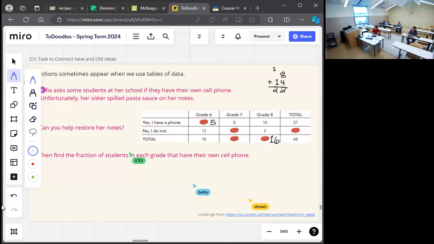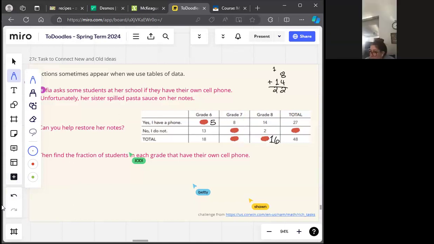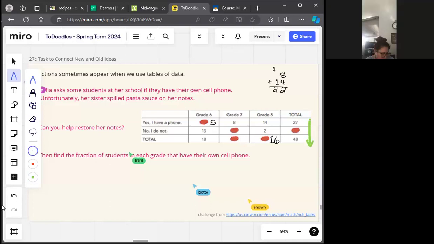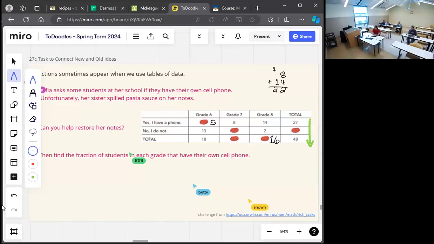What other row or column has 1 thing missing now? The total. If we look down, 27 and something is 48. Am I adding or subtracting? How do I find the answer there?